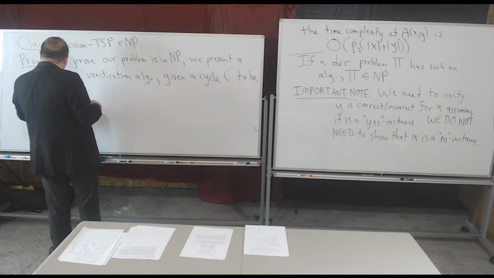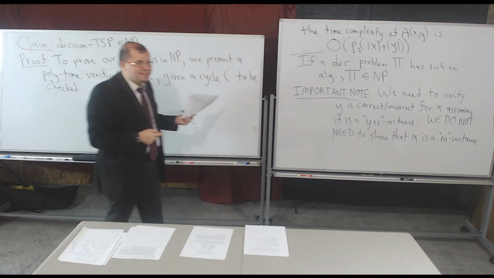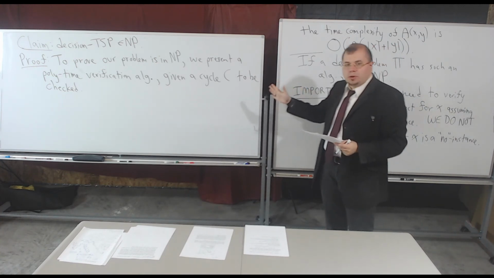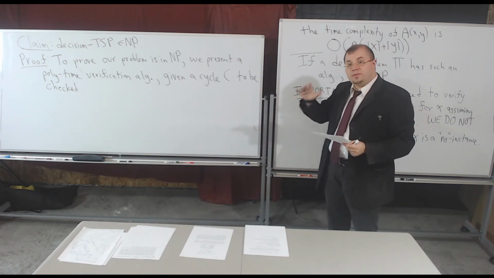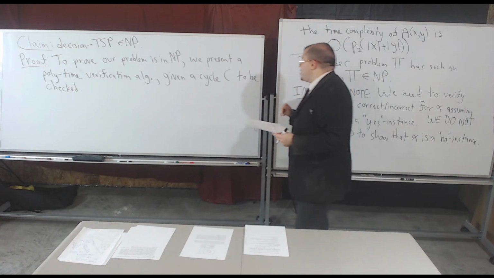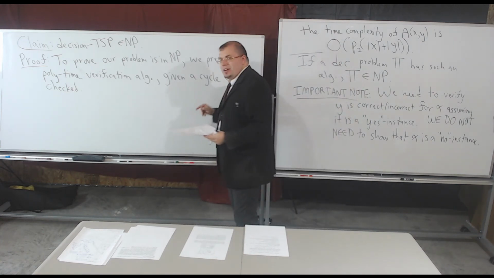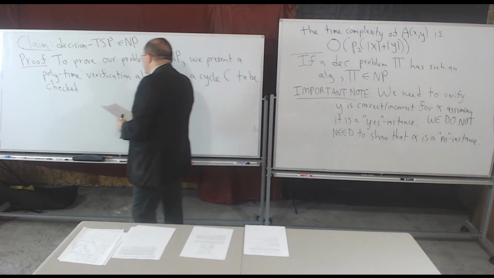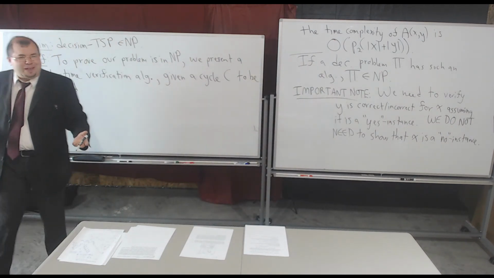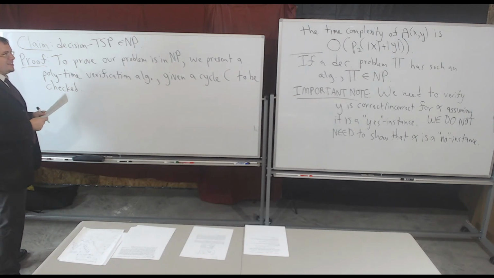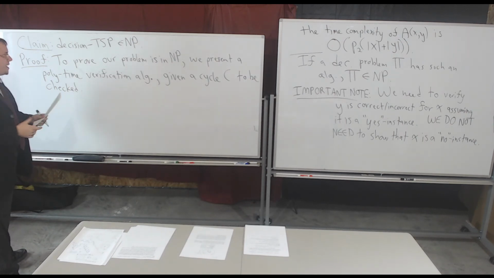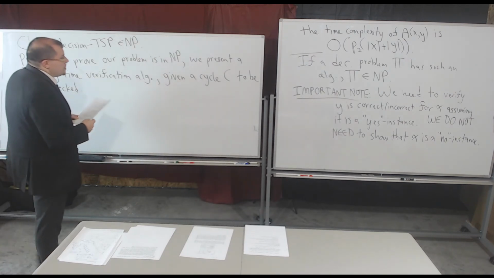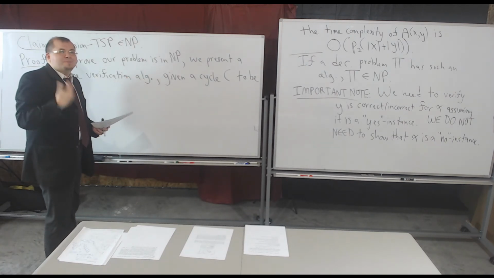I think in cases like this, it's not too hard to see that the certificate's length is polynomial in the input size of the instance. Why? Because this is just going to be a list of vertices. So I just specified the cycle, and that's perfectly fine. We're not doing anything out of the bounds of polynomial time here. Remember, you get to select what the certificate is. However, it has to be something reasonable, within polynomial time.